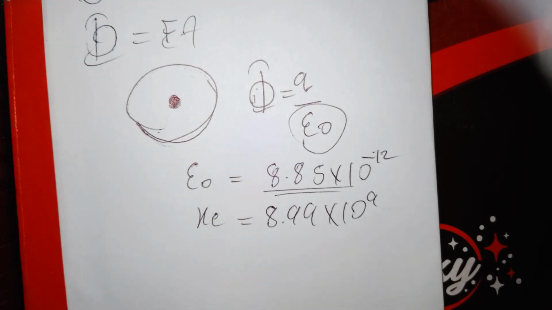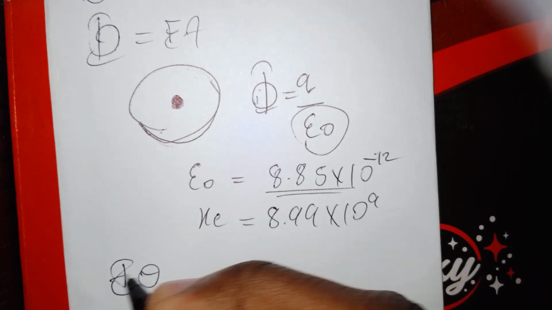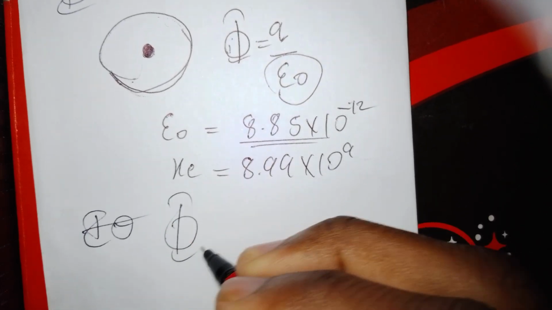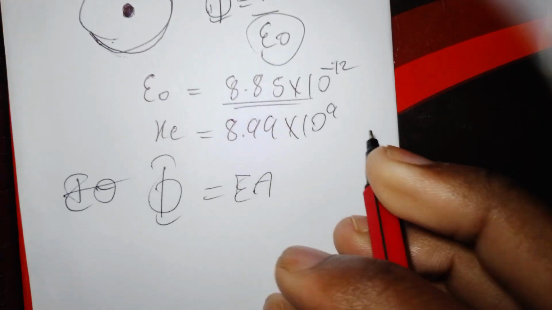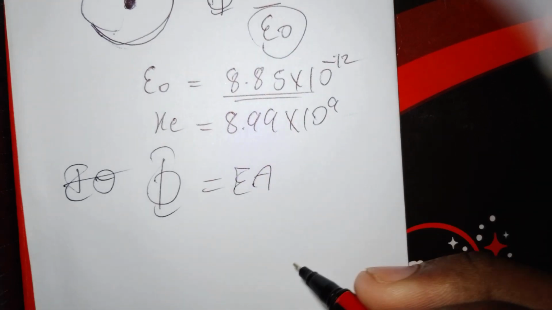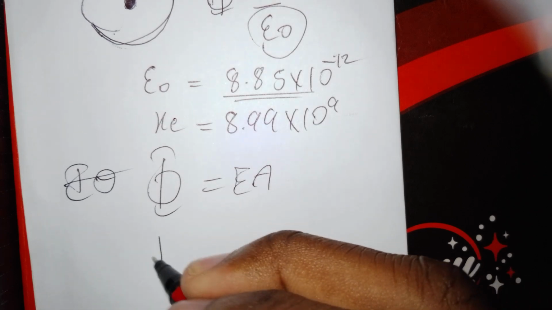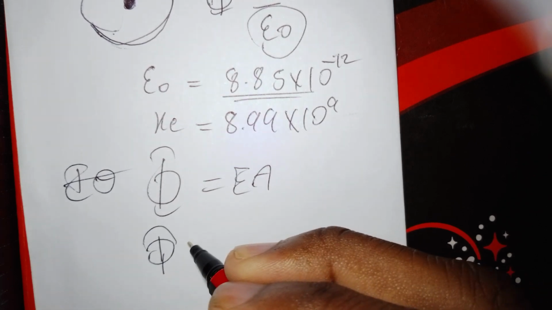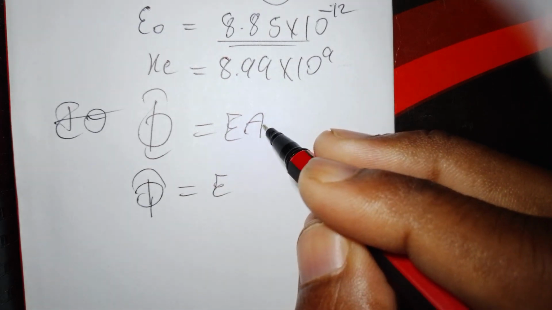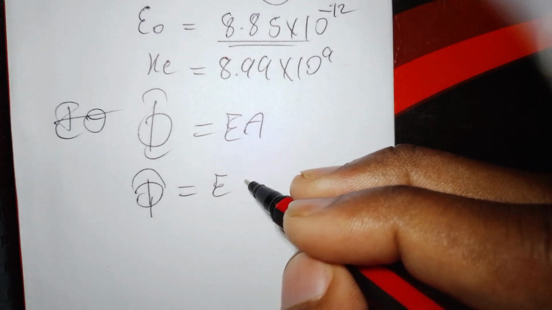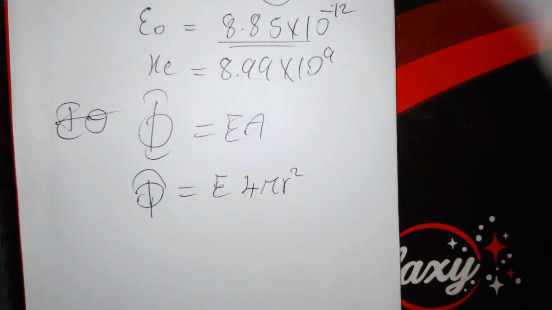It is important for us to know that the electric flux is given by E A. For a closed surface, let us use the formula for a sphere. The electric flux is given by E for the electric field, times the area of a sphere, which is 4 pi r squared.